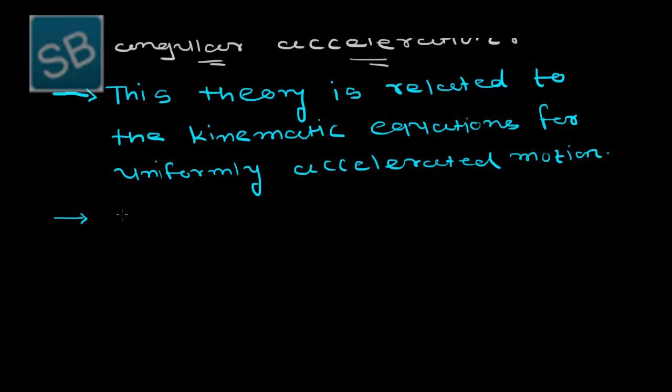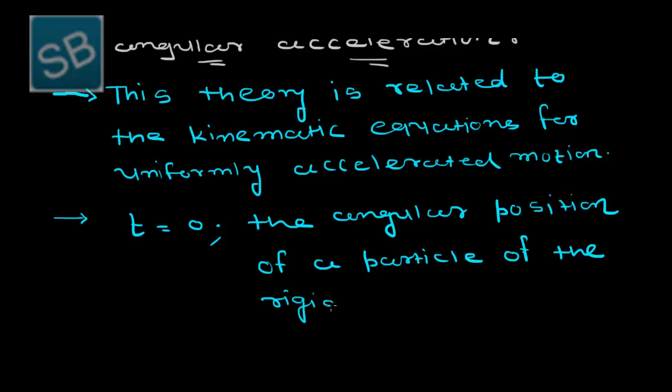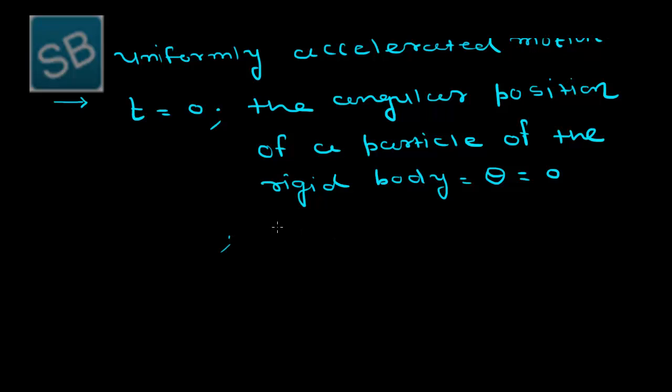For that, I consider at time t equals 0 the angular position of a rigid body, or we can say a particle of a rigid body, that means theta equals 0, and its angular velocity is equal to omega 0.